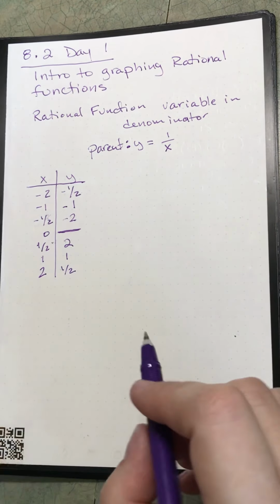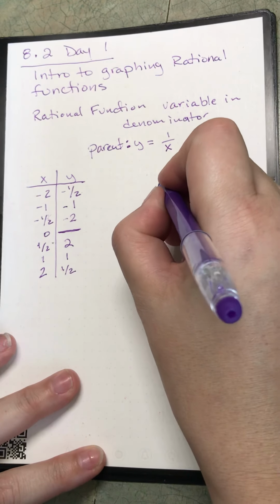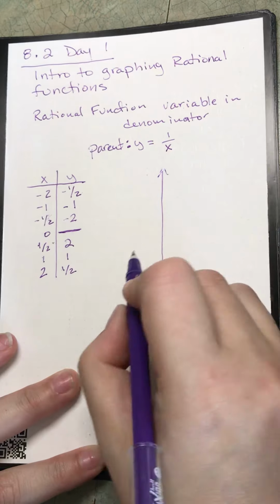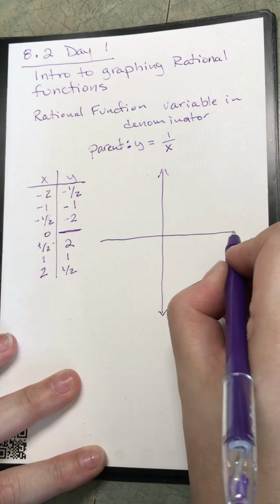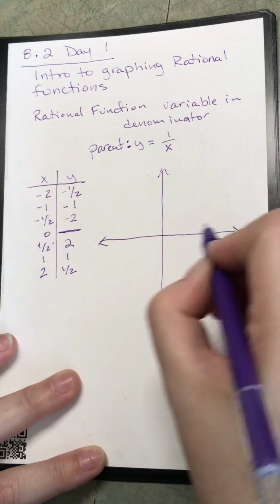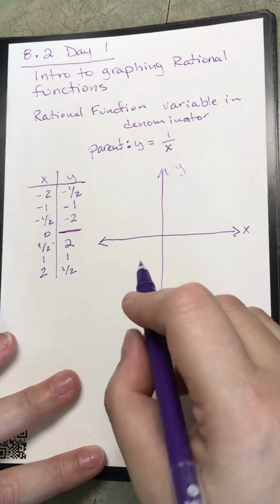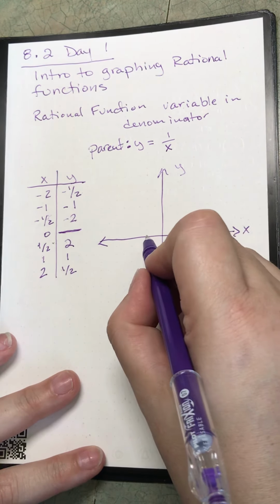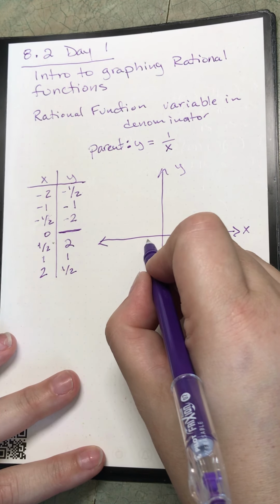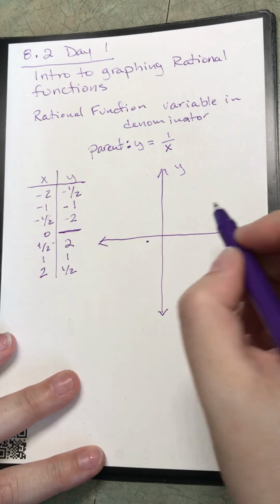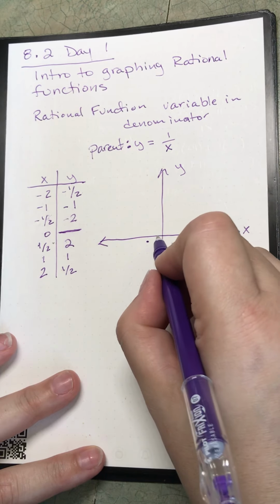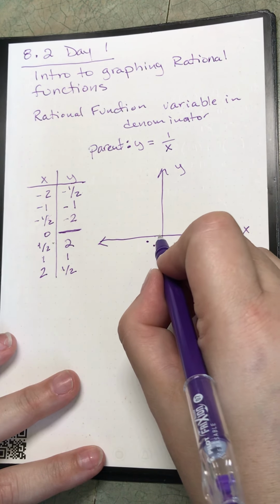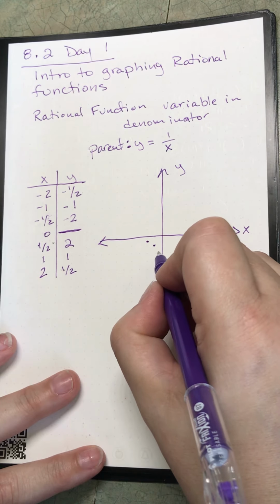Alright, so then if I were to draw my graph, my x and my y, I have this point at -2, -1/2, and I have a point at -1, -1, and I have a point at -1/2, -2.